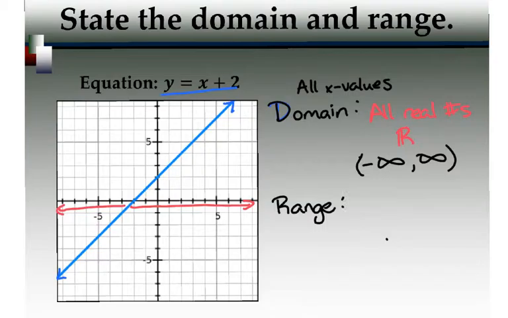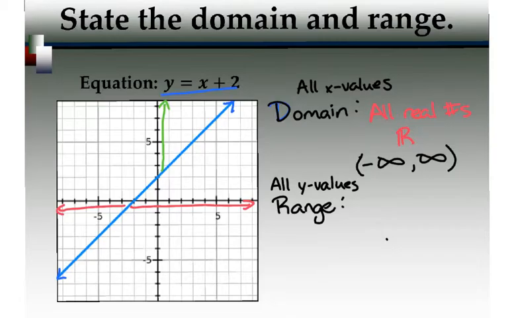Now let's do the range. Again, if we are looking at the graph of this function and we are trying to find the range, what we are going to be looking at is all y values, all possible y values that this relation has. Looking at it like this, from here up, the graph keeps going up for every y value.